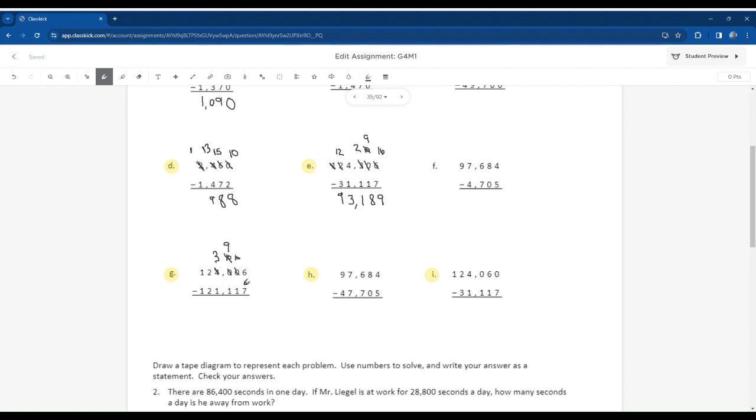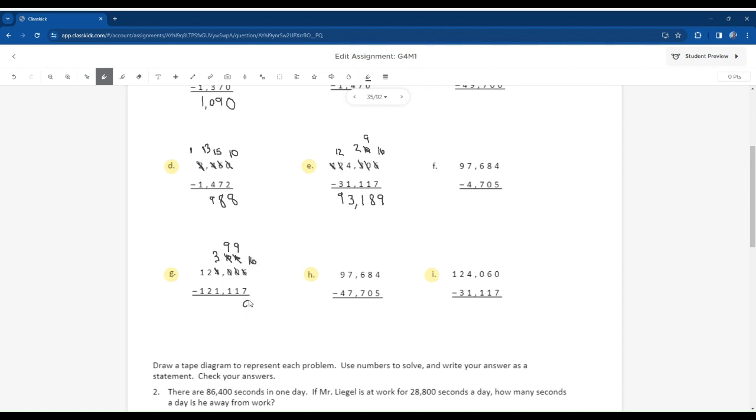Again, still don't have ones, but now after all that regrouping, I now have some tens that I can take from. So instead of 10 tens, I have 9 tens, and now I can finally have 10 ones plus the 6 ones I already have, which gives me 16. So I had to regroup all the way over from my thousands place here.